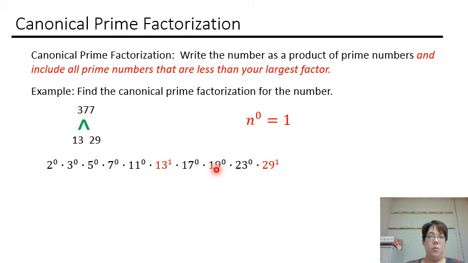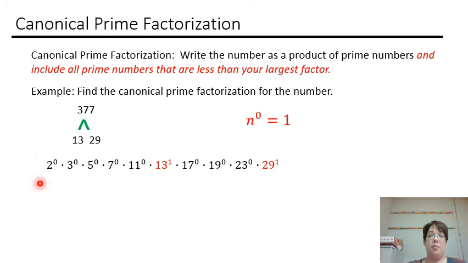Notice that all of these that I didn't really need, I put to the 0 power, which is secretly just 1. So 1 times 1 times 1 times 1 times 1 times 13 is 13, times 1 times 1 times 1 times 29 gives me my number of 377.